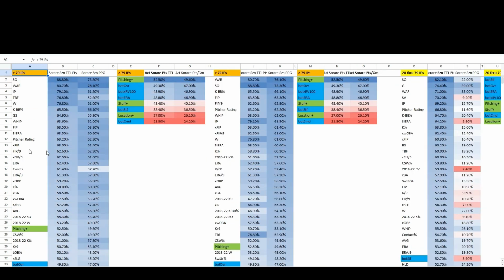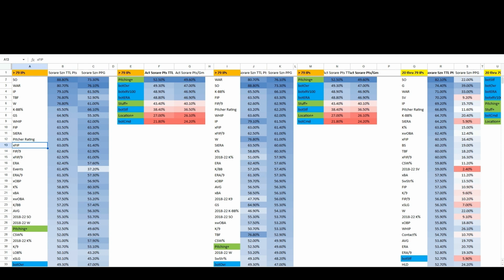Well, taking for example xFIP, since we're on this tab, for pitchers, xFIP is a sticky metric, meaning that let's say for the 2023 season, the ending xFIP for a pitcher was high, so it's bad. Well, it's very likely that next season it'll continue to be bad.